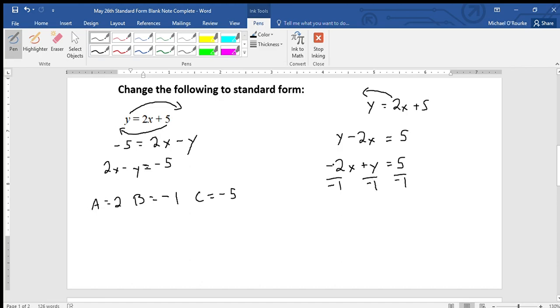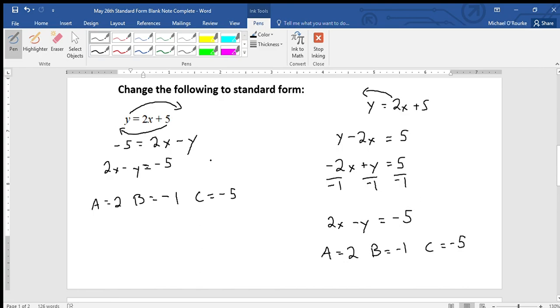A negative divided by a negative equals a positive. But this will also switch the sign of everything else. So if it was positive before, you divide it by negative, it becomes negative. Therefore, my answer is the exact same as the other one. So no matter which way you do it, you're still going to get the same answer.